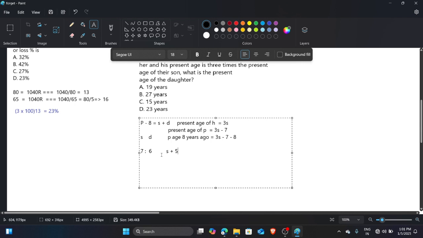Similarly d, here we have to do 7 for the daughter. So we have to make the ratio of d to s equal to 7:6. But from here it is 5 years, from here it is 5 years, so we have to add 5 on both sides.